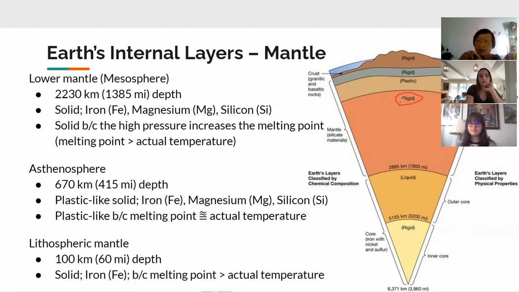I cannot change the shape of my rocks. Why? Because the pressure is so high. And also the temperature is not high enough to melt it.